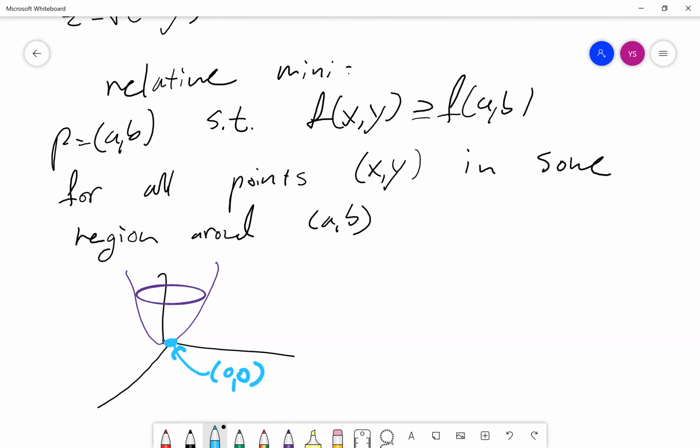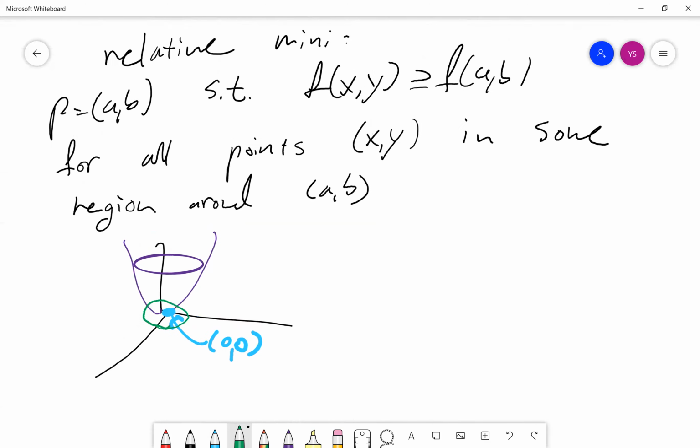It's not only a relative minimum, but it is the absolute minimum. But it's also the relative minimum because for points around 0, 0, for all of these points, let's say, it's a minimum, right? All these points are bigger. f of them is bigger than f of 0, 0, which is equal to 0. So it's a relative minimum.